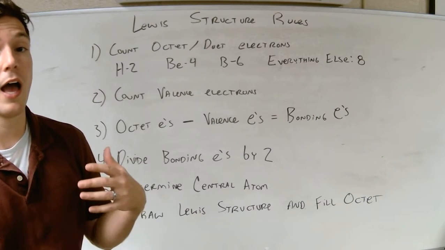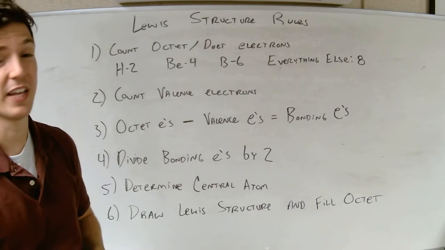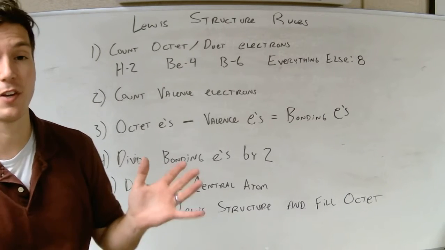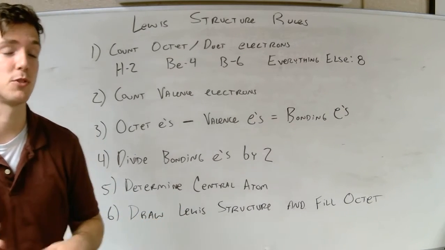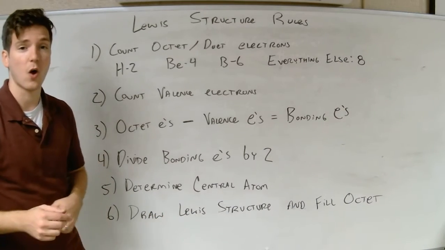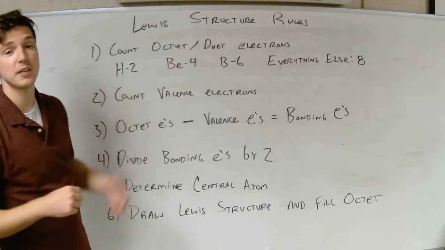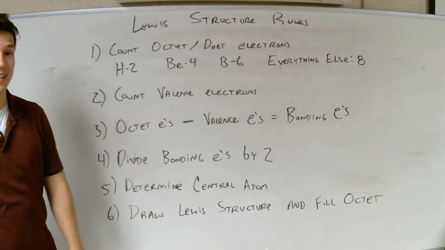Okay, octet, most atoms like to have a filled outer shell, and in honors chemistry, for the most part, every element is going to want to be surrounded by 8, except we have a few exceptions. Hydrogen only likes to be surrounded by 2 electrons. That's called a duet rule. Beryllium likes to be surrounded by 4, and boron likes to be surrounded by 6.